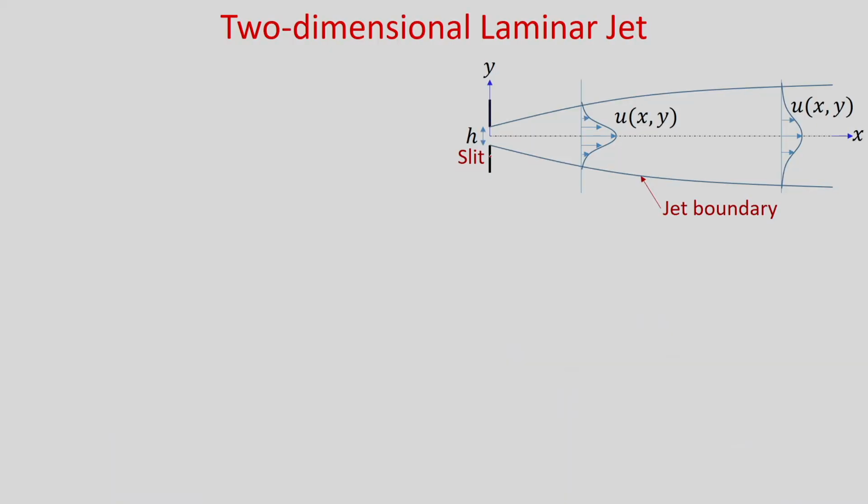So, now we will consider two dimensional laminar jet, and we will use similarity transformation technique to find the velocity distribution in the two dimensional laminar jet. So, consider this is the laminar jet and this is the small opening of height h, and this is known as a slit.